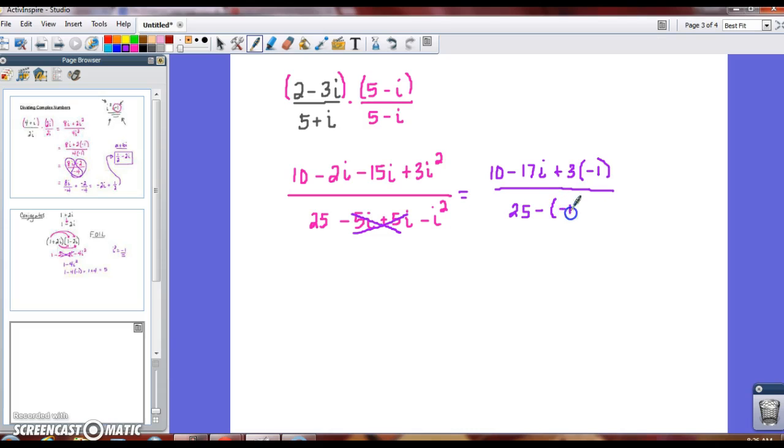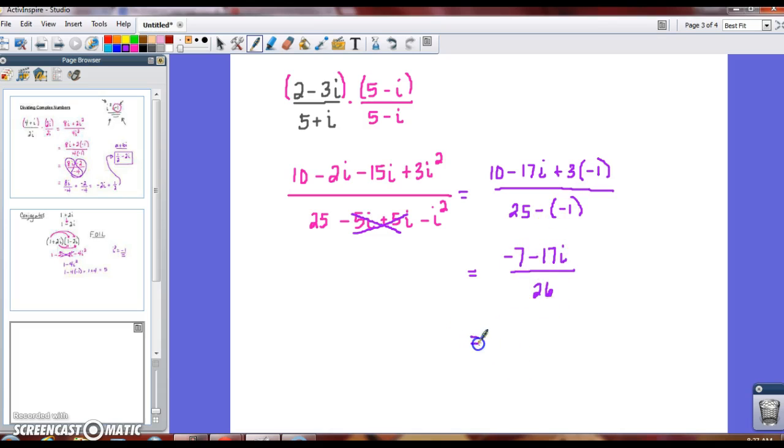I squared is negative 1, so I'm going to substitute that in. In the numerator, then, I have 10 and negative 3 gives me negative 7 minus 17i, and minus negative 1 becomes positive, so I end up with 26 in my denominator.